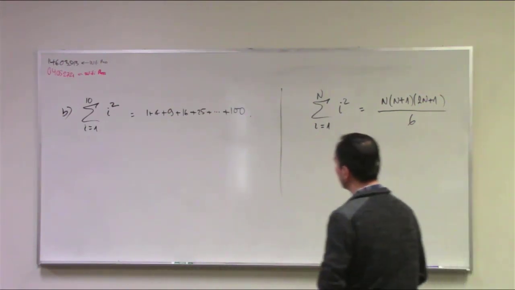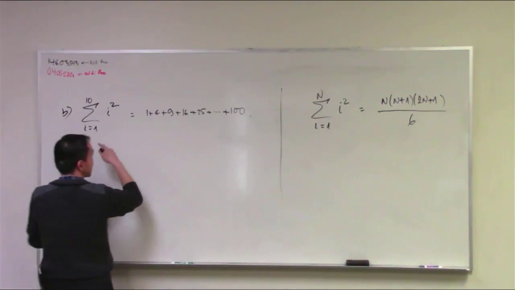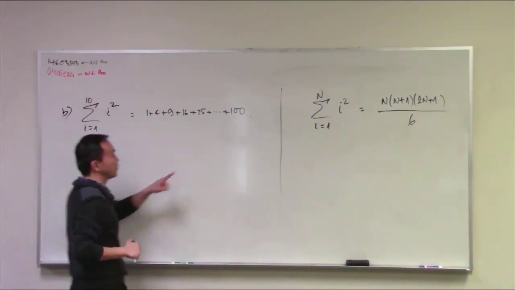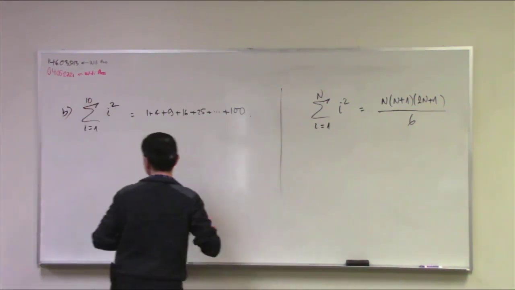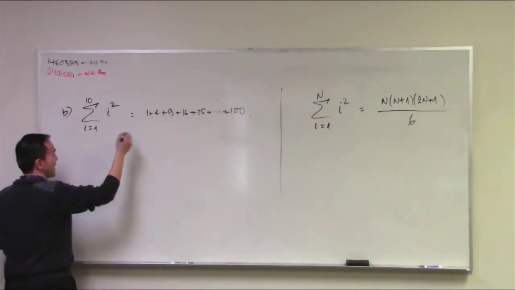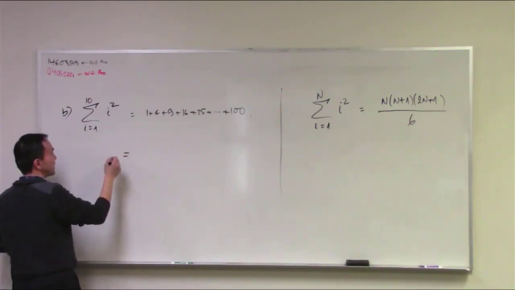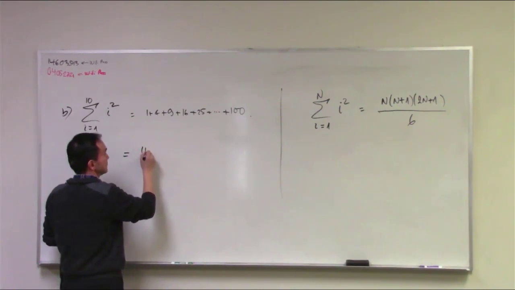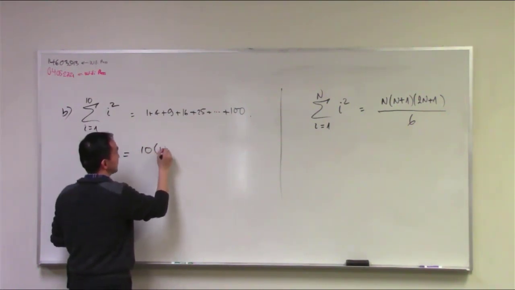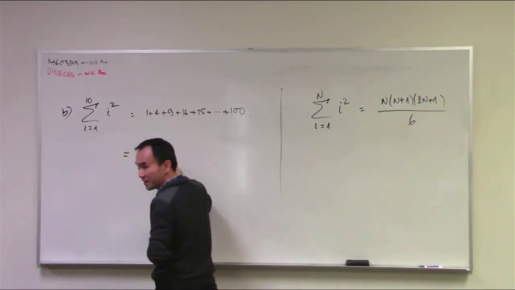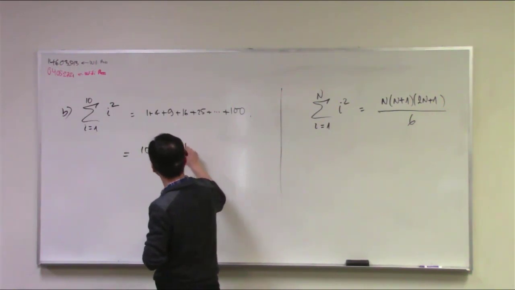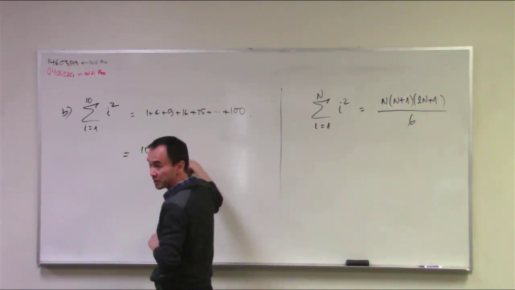For this summation in particular, we have 10 terms, so n equals 10. And so without adding all of that up, it will give me 10 times 11, that's n plus 1, and then 21, that's 2n plus 1, 2 times 10 plus 1, right?